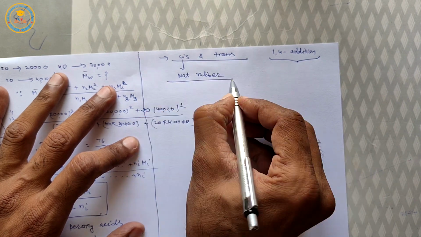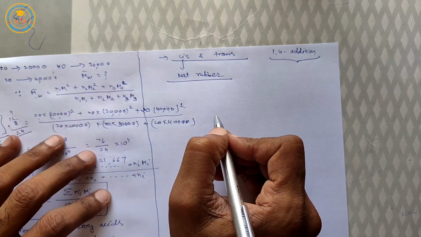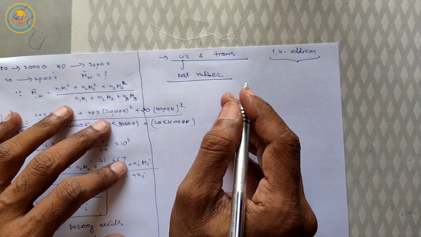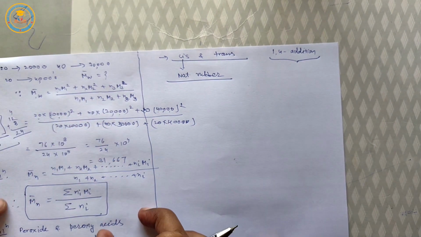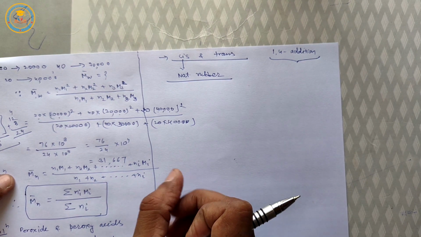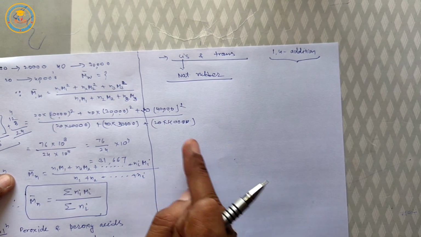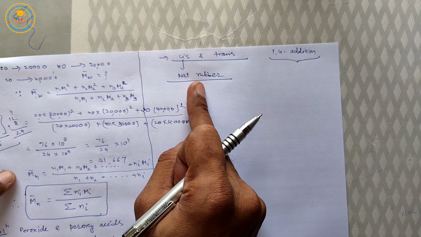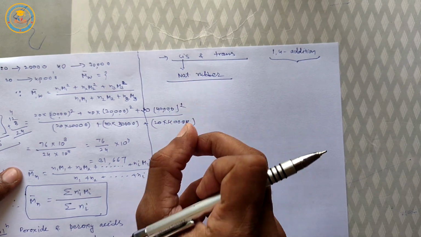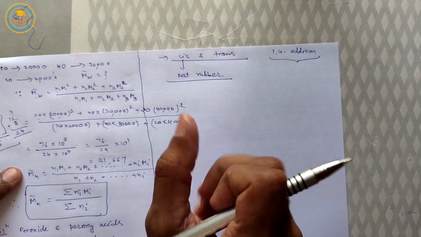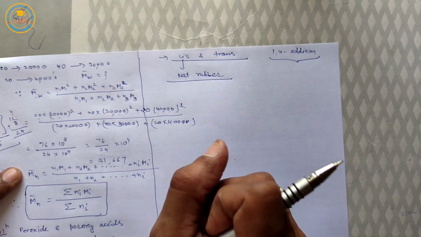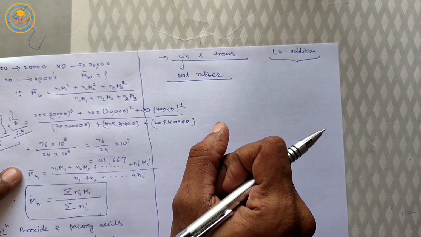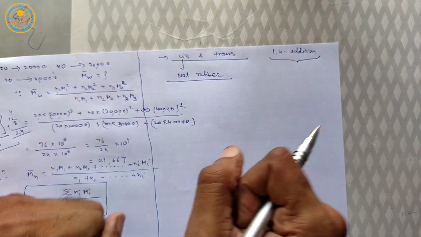In this, monomer units are joined by weak van der Waals forces and form a spring-like structure. Due to this structure, rubber shows the property of elasticity. Very important. They can be stretched like a spring.